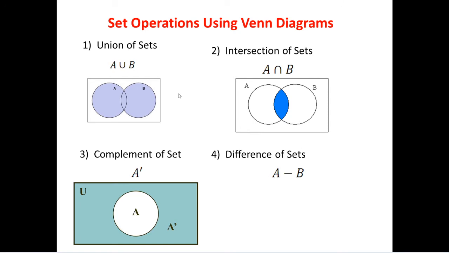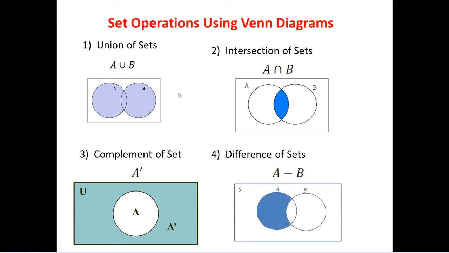And how do we illustrate the difference of sets, the difference of sets A and B? A minus B can be represented by this figure. The blue shaded area is our A minus B. It is our set A subtracted by set B. So we remove everything that is part of set B, so we are only left with the blue shaded area.